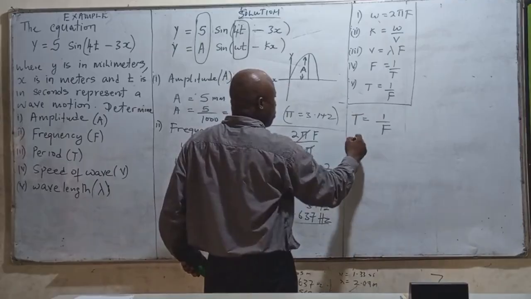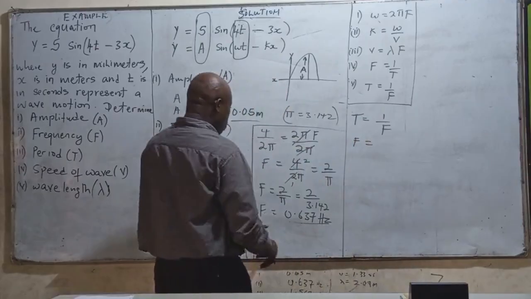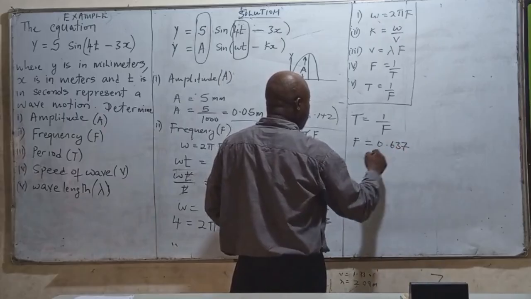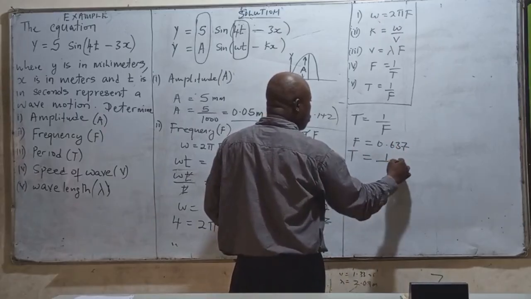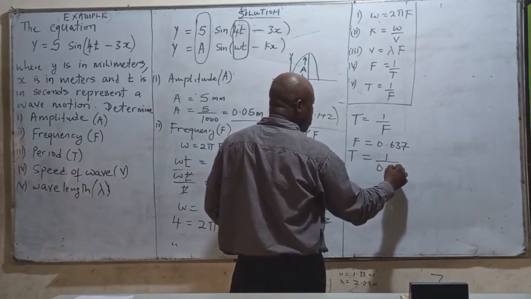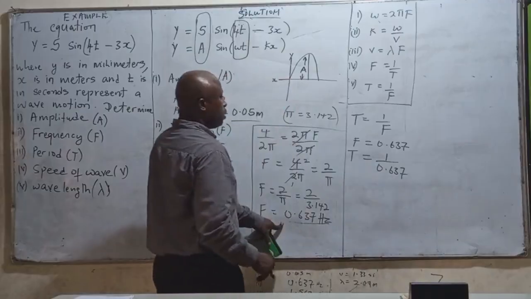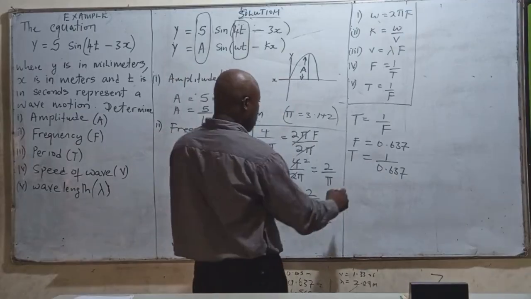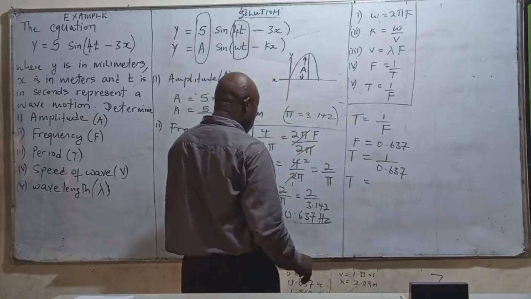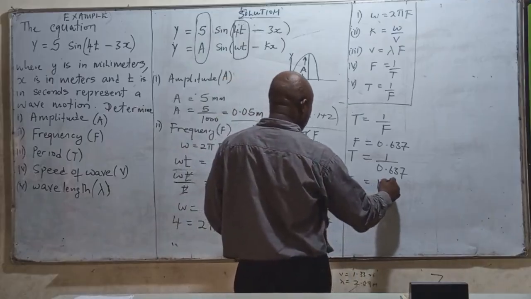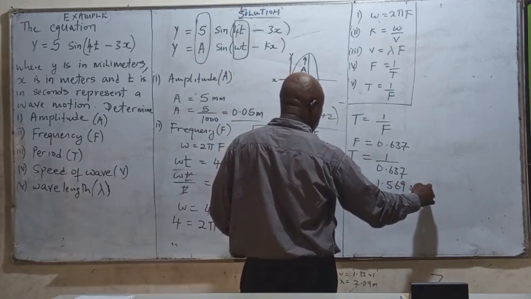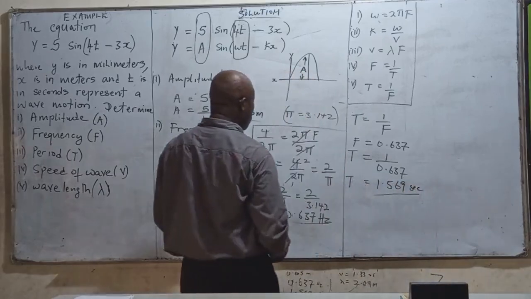So far we have that f is equal to 0.637, so T is equal to 1 over 0.637. When you do that division, our T is equal to 1.569 seconds.